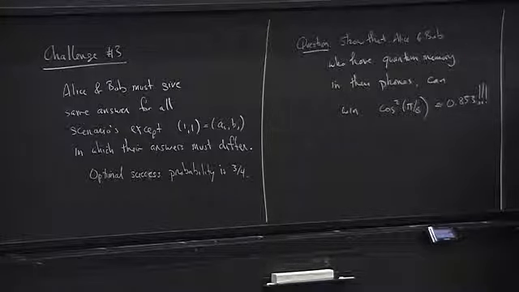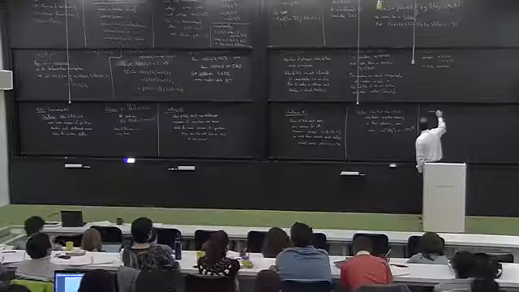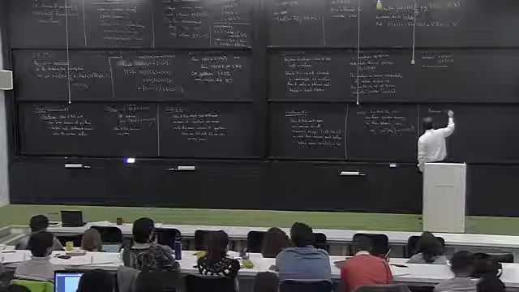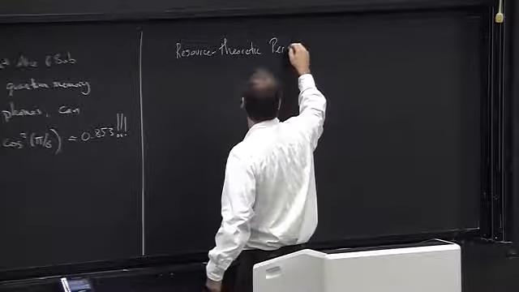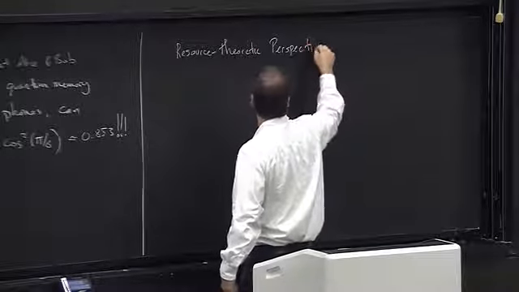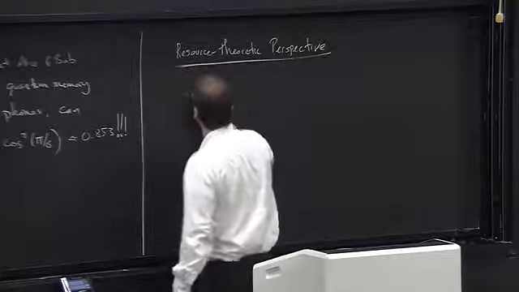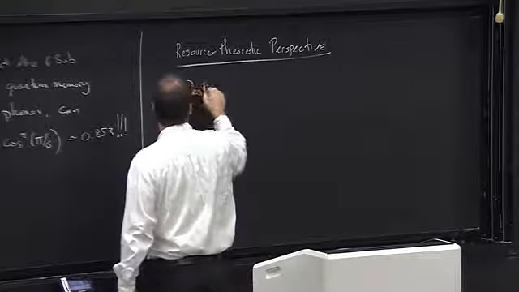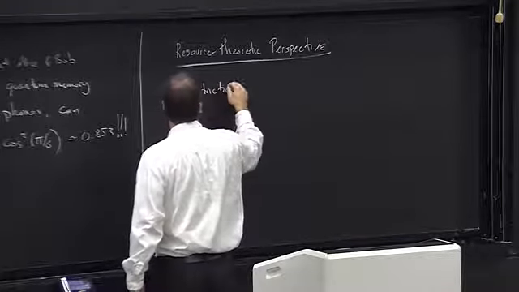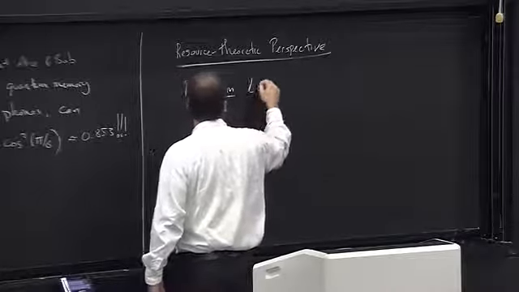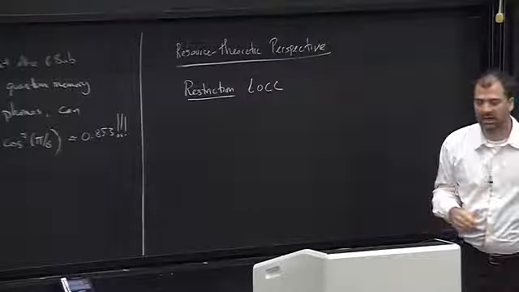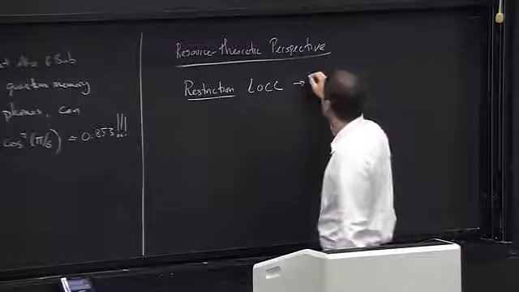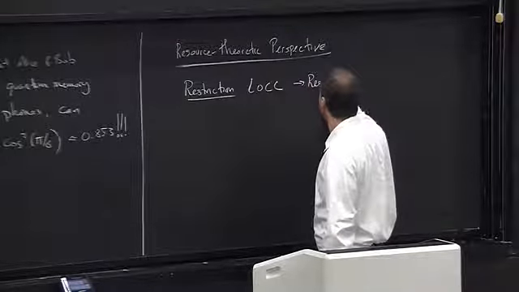So this is the resource theoretic perspective. We impose a restriction on what we can do. If the restriction is LOCC, which means local operations and classical communication, then the resource is entanglement.